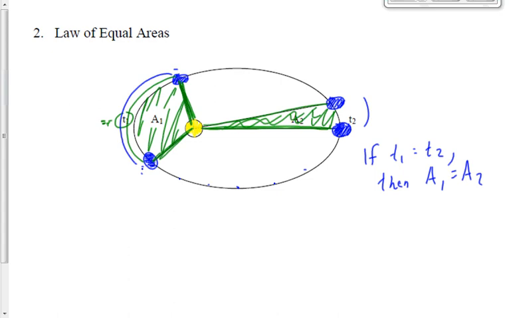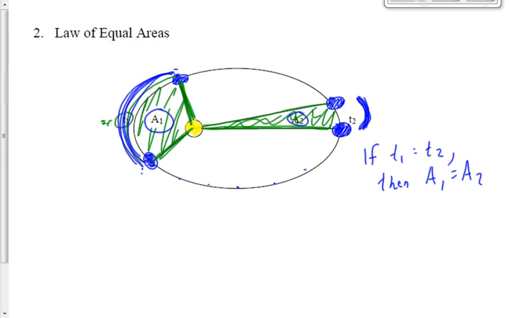We call it the law of equal areas because equal areas are swept out by that line during equal time intervals. Does that make sense? During equal time intervals, this time is the same as this time. Those two times are the same. During those two equal times, these two areas must be the same.